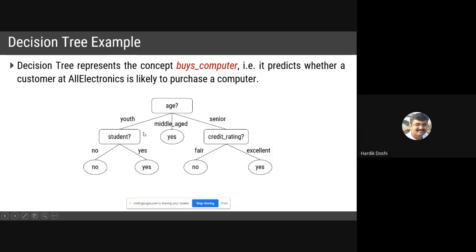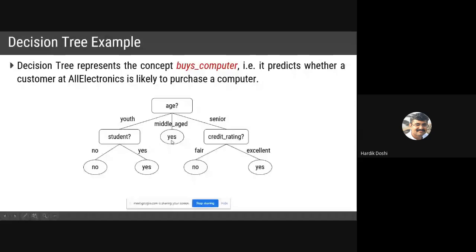What you can find out from this tree is very simple. Rule 1: if age is youth and student is yes, then buys computer. Rule 2: if age is middle aged, then buys computer.